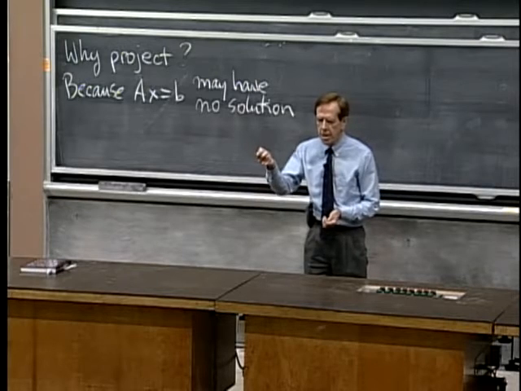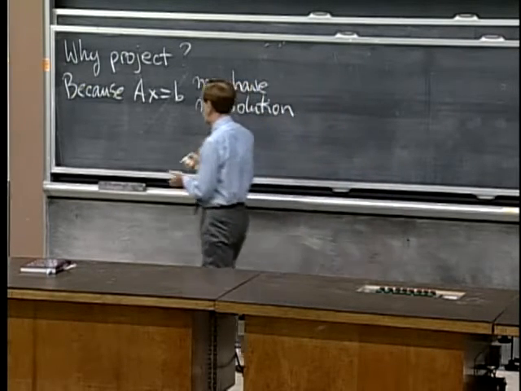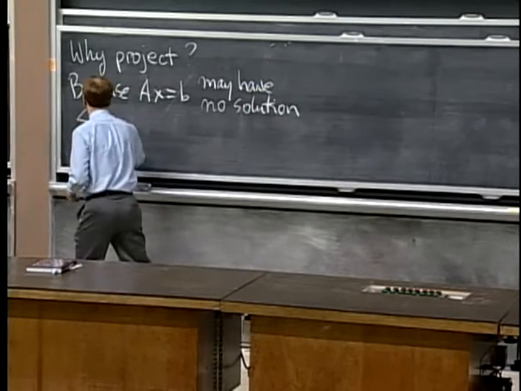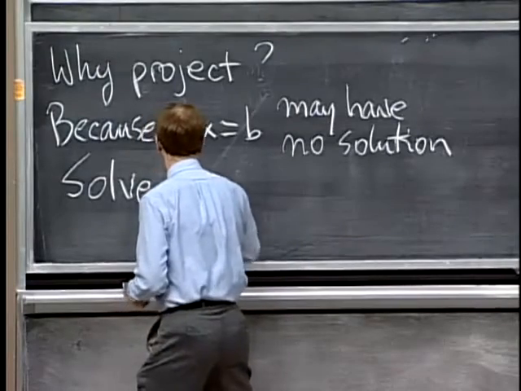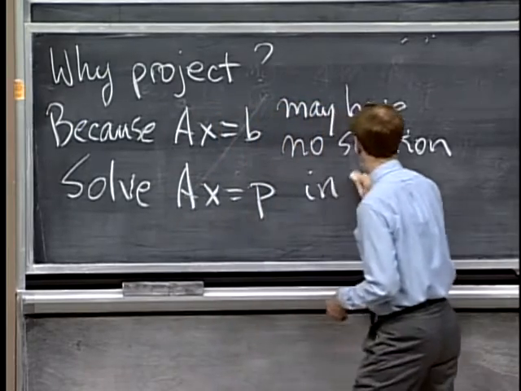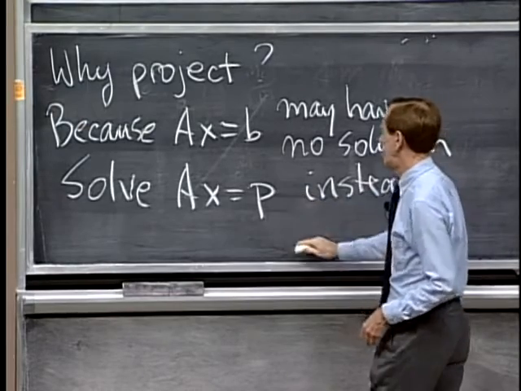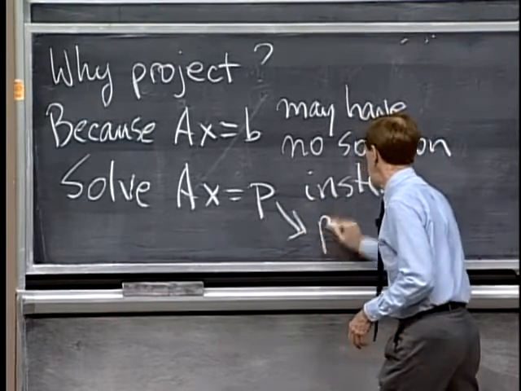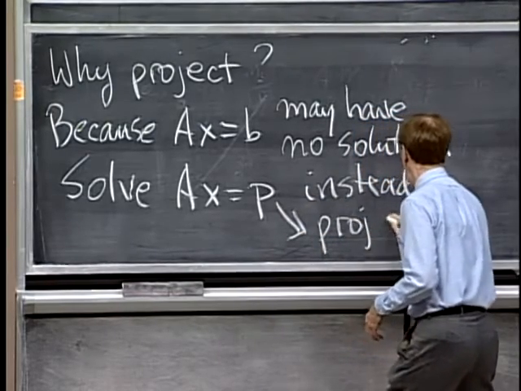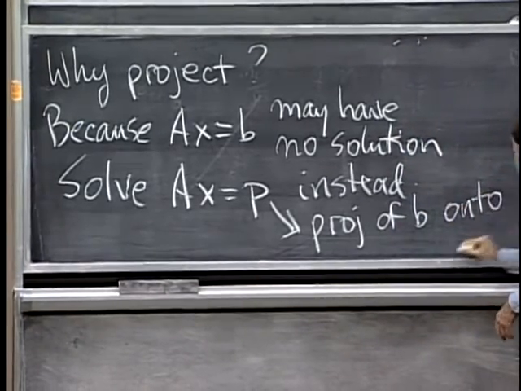I choose the closest vector in the column space. So I'll solve Ax = p instead. That one I can do. Where p is the projection of b onto the column space.